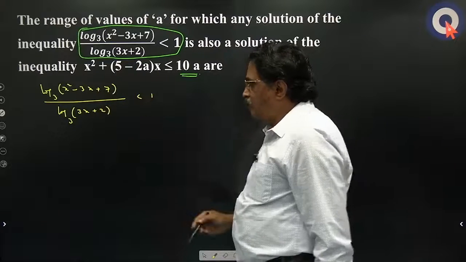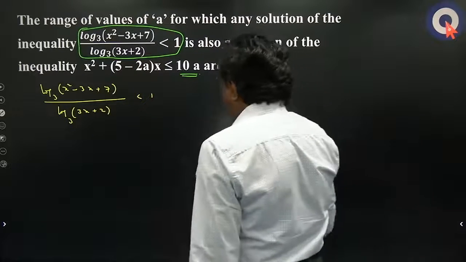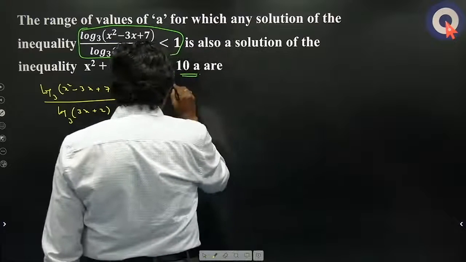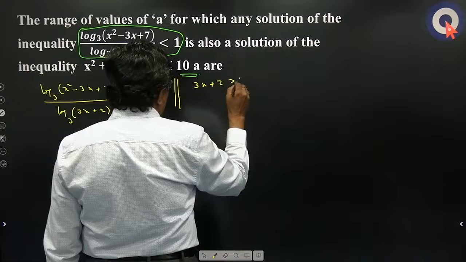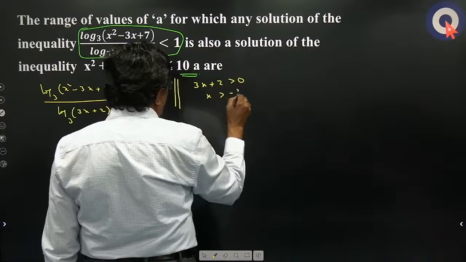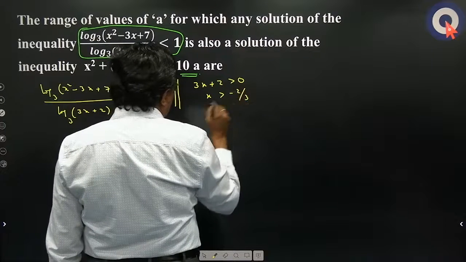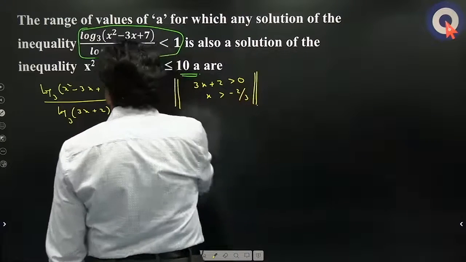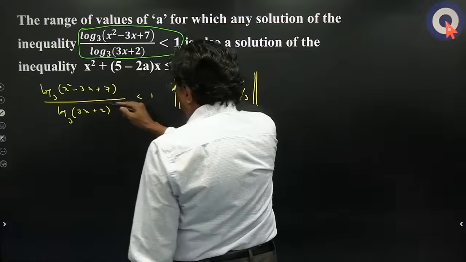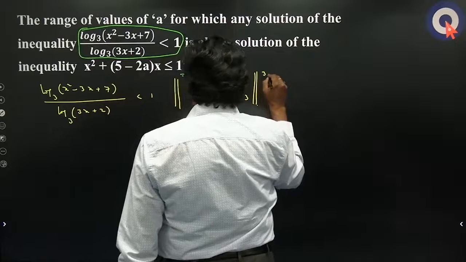Now with regard to 3x + 2, it has to be greater than 0, which is x greater than −2/3. We also need 3x + 2 not equal to 1, because log 1 to the base 3 cannot become 0, that should not happen.